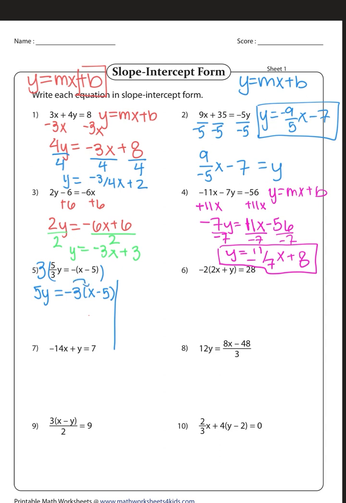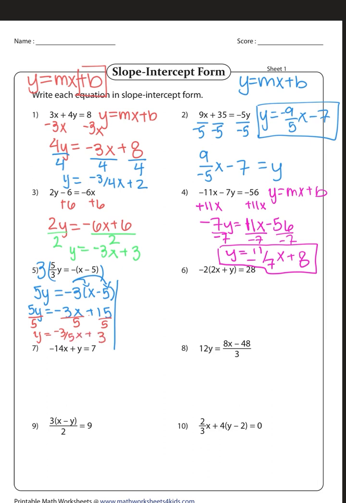So we distribute to here and here using the distributive property. So we do 5y is equal to negative 3x plus 15. Next, we divide each side by not negative 5, but positive 5. 5, 5, 5, and we get y is equal to negative 3/5 x plus 3.